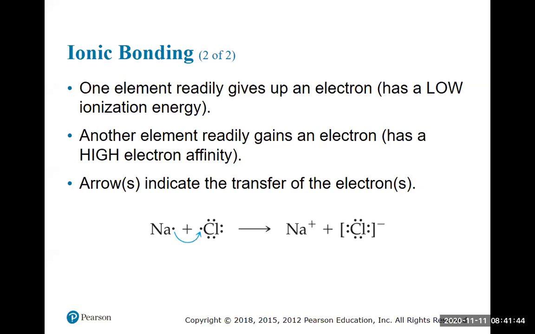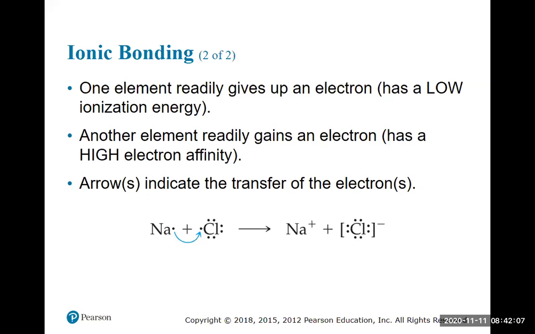So those properties that we talked about last chapter factor into how this ionic bonding works. Below here at the bottom, we have an example of sodium and chloride, how they would do that electron transfer reaction.